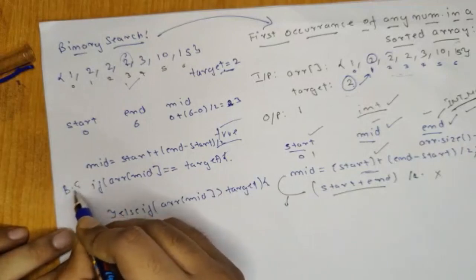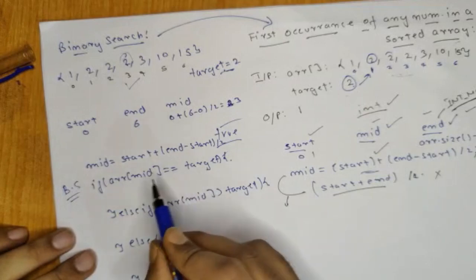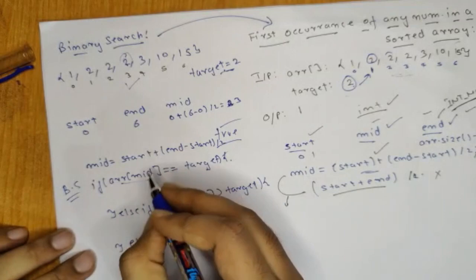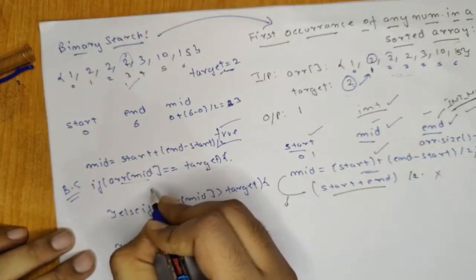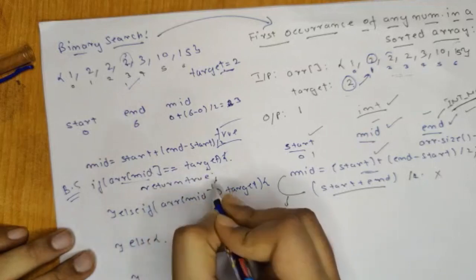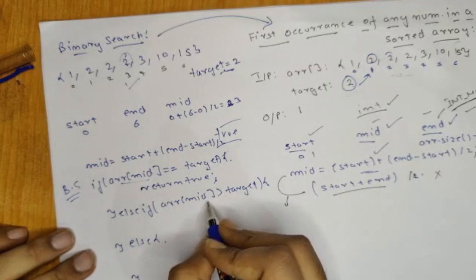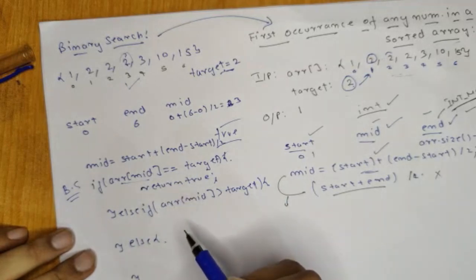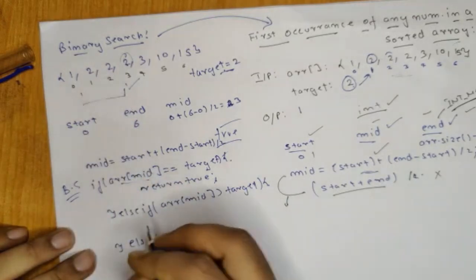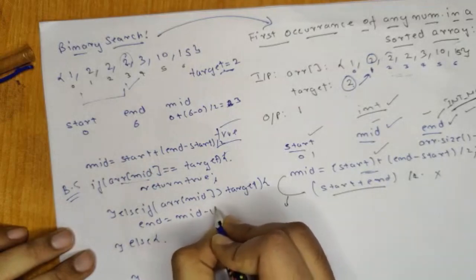In binary search, if our target value matches the mid value of the current array range, then we simply return true. Or else, if our target is smaller than the mid value, we restrict our search to the first half of the array, so we perform end is equal to mid minus 1.